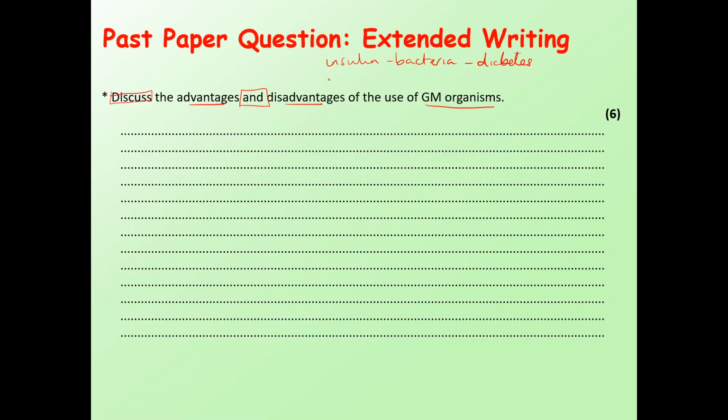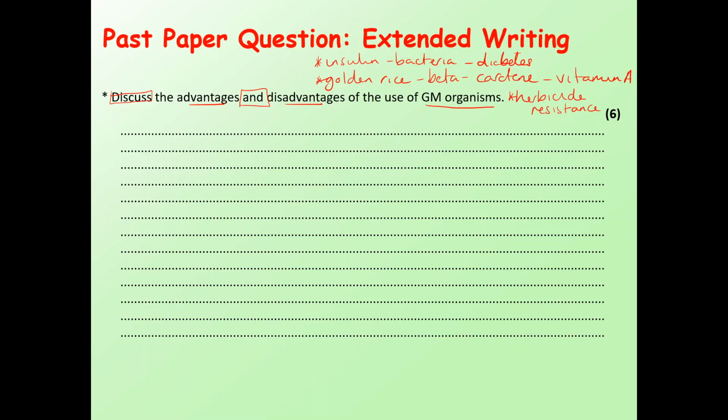We could talk about golden rice, which contains beta carotene, which is important for vitamin A. We could also perhaps talk about crops that are herbicide resistant, so crops that can withstand weed killers. So these are all types of uses of GM organisms, so we could discuss.